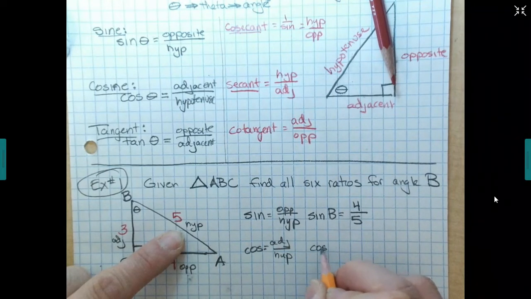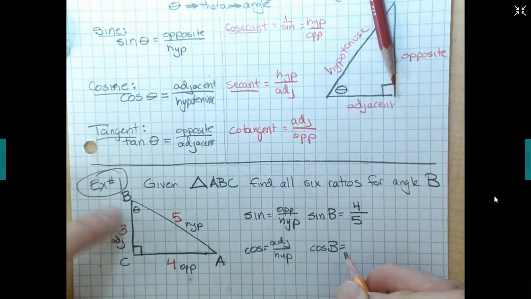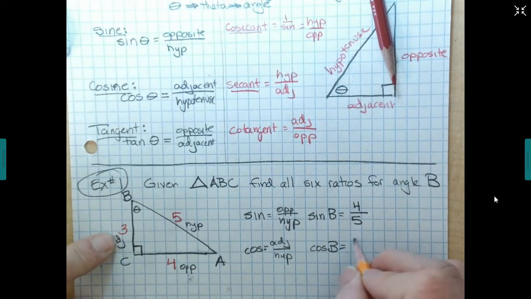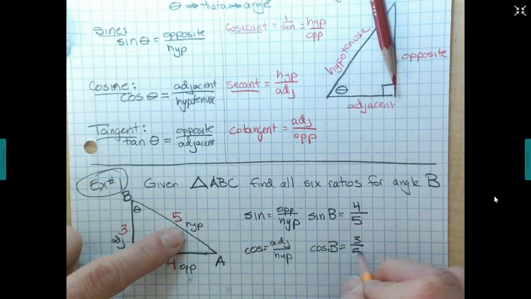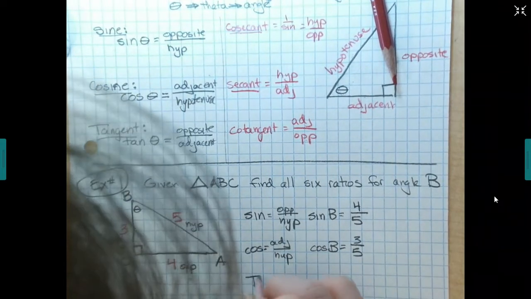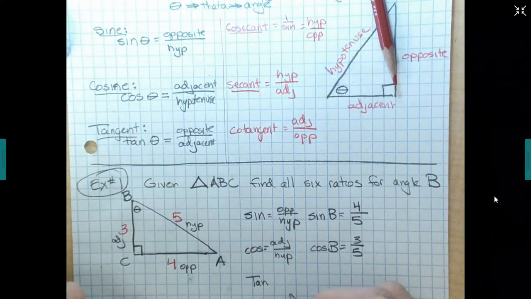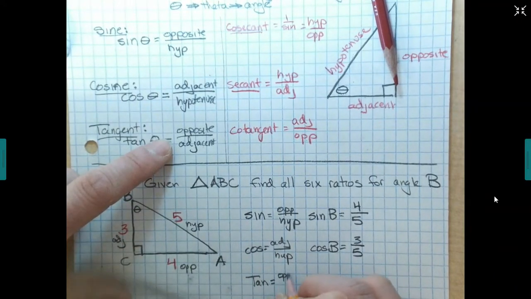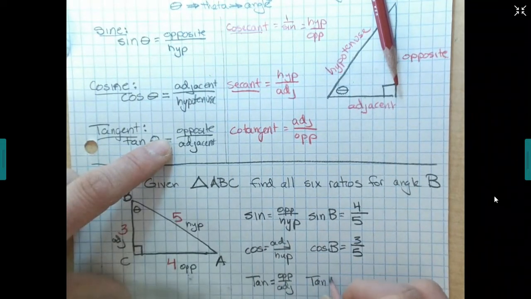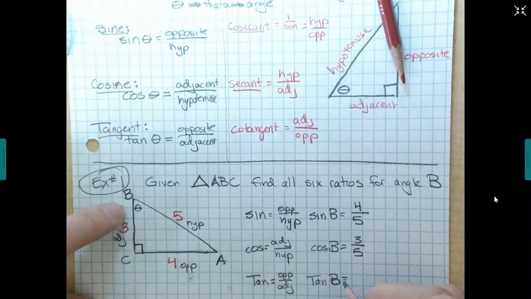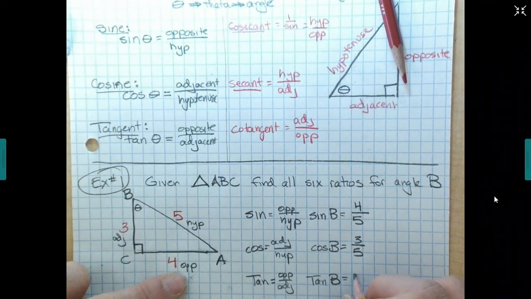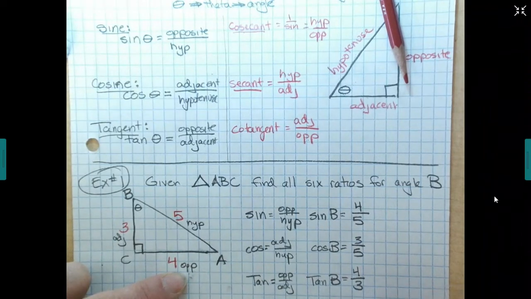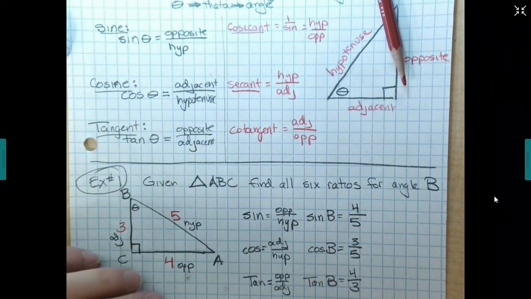So cosine B is adjacent over hypotenuse. Tangent equals opposite over adjacent. So tangent B, tangent from this angle, is opposite, which is 4, over adjacent, which is 3.